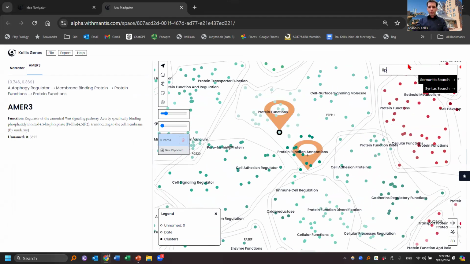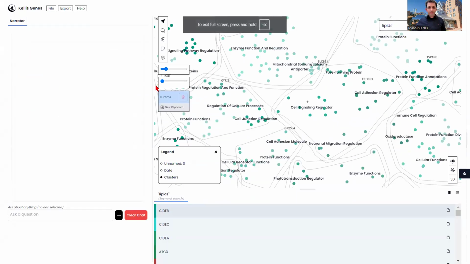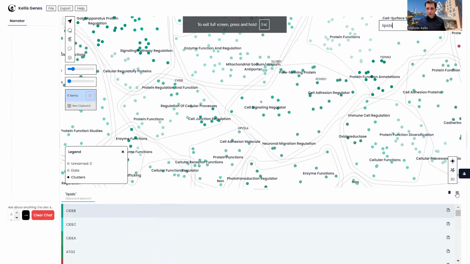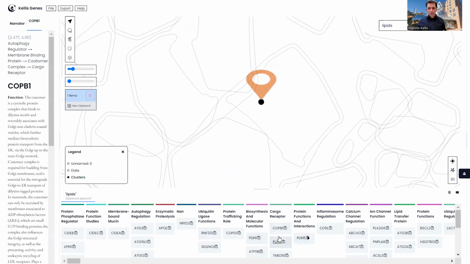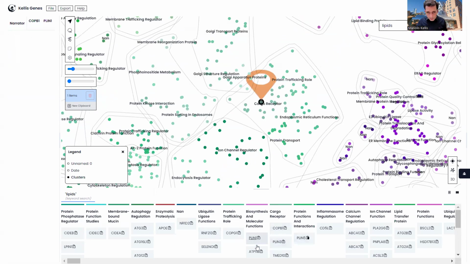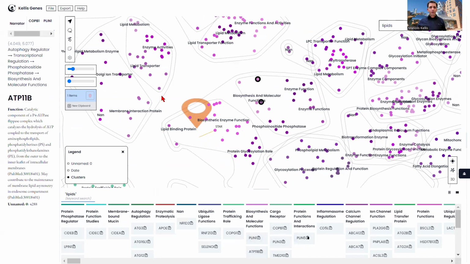If I search here for lipids, for example, if I can spell, I can find that there are genes associated with lipids in a bunch of different categories, maybe in cargo receptors or in biosynthesis and molecular function, etc.